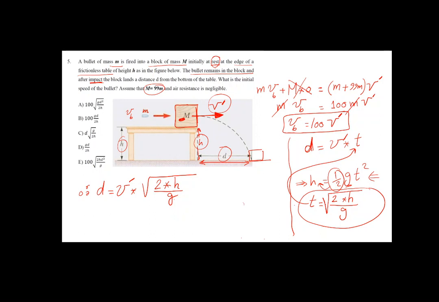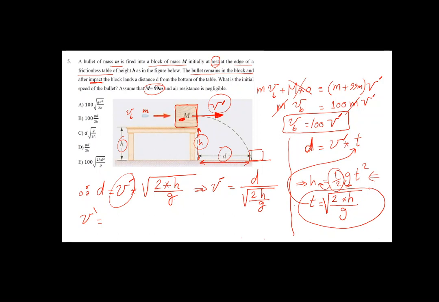We are trying to reach v prime. So I will get v prime, then I will substitute it in the first equation here to get the bullet speed. So v prime equals what? Take this root to the denominator on the other side. So I can say v prime equals d divided by this root, which is 2h over g.